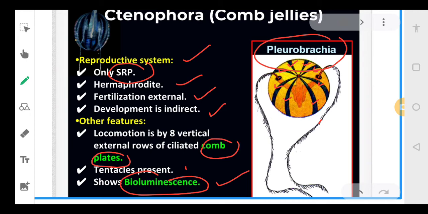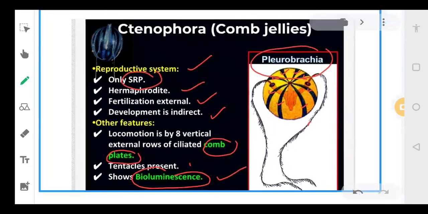Movement is with the help of 8 ciliated comb rows, which contain cilia. These 8 vertical rows help in locomotion. They exhibit bioluminescence, and tentacles are also present in their bodies. Okay, so these are the important features of this phylum.